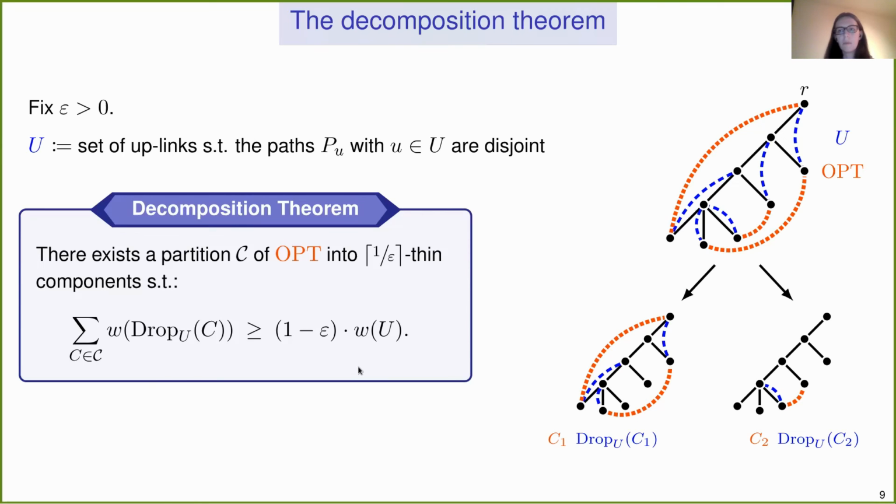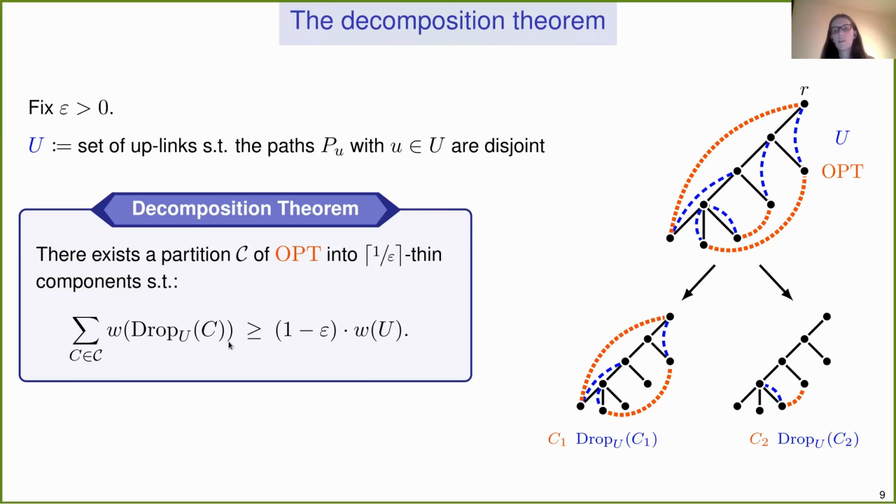And let's think a little bit about why this is a good lower bound. Suppose we somehow partition opt into several components. What's the best thing that we could hope for in general? The best thing we could hope for is that every single uplink in U is part of one of the drop sets of these components.